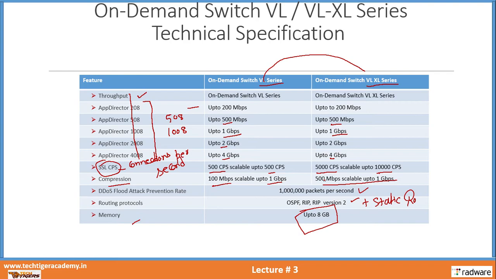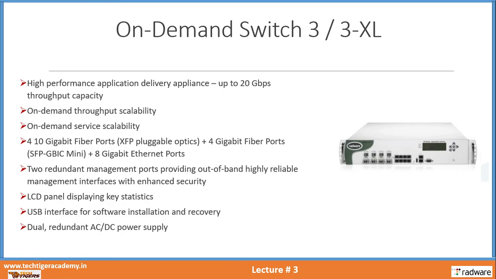Okay, let us move to the next one. The next series is the on-demand switch 3 as well as the 3XL series. They're very high performance appliances. They provide up to 20 Gbps of throughput, with on-demand throughput scalability and on-demand service scalability. They come with four 10 gigabit fiber ports plus 4 gigabit fiber ports.